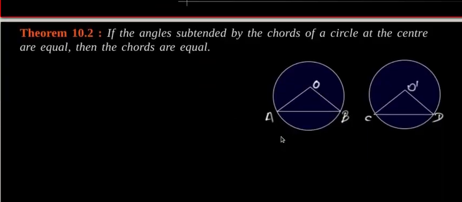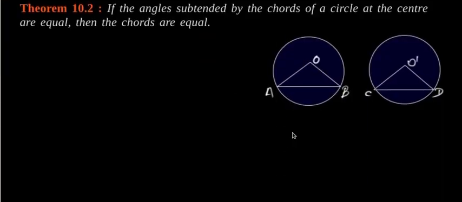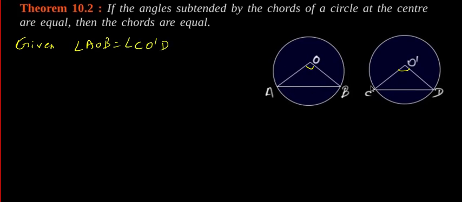Next one. If the angles subtended by the chords of a circle at the center are equal, then the chords are equal. Here, the angles at the center being equal is given. That is, what is given is angle AOB equals angle CO'D. We have taken two different circles.